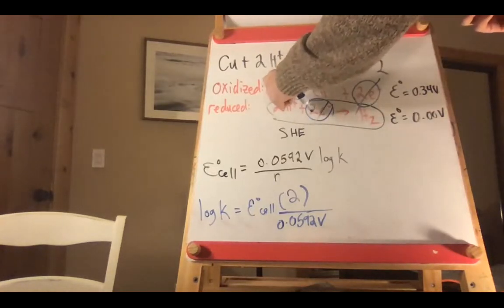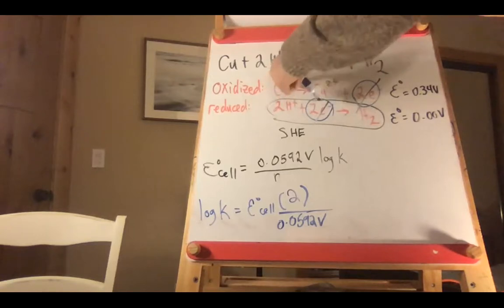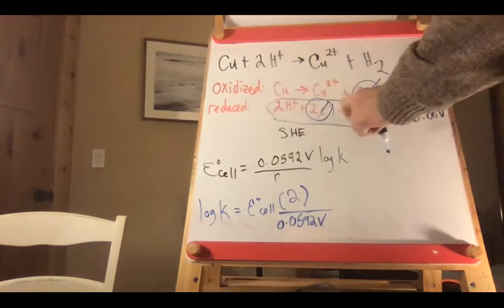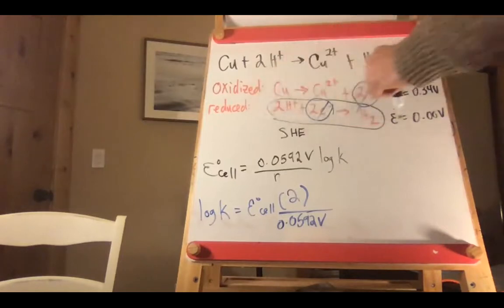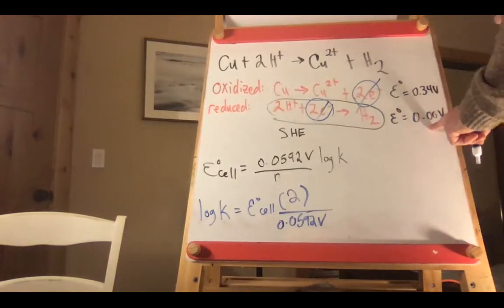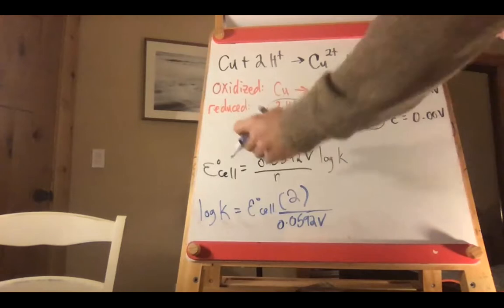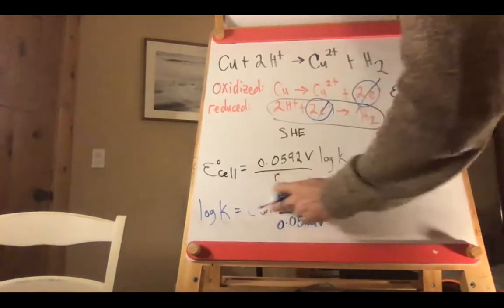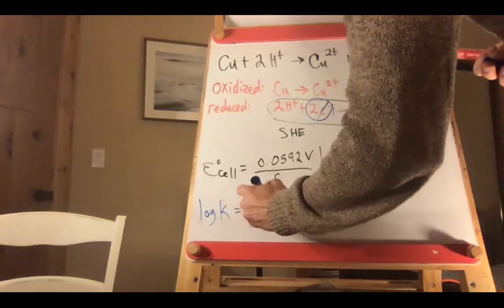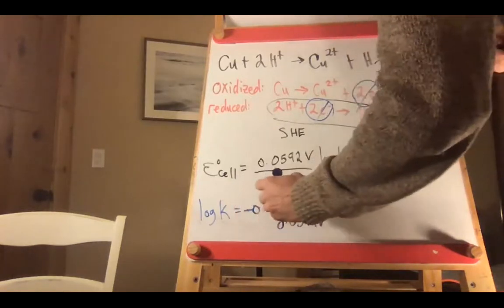That's where the electrons are generated from, and they move to the cathode, which is where it's reduced. And that's the final resting point, or destination. So it's going to be 0 minus 0.34, or just a negative 0.34 V.